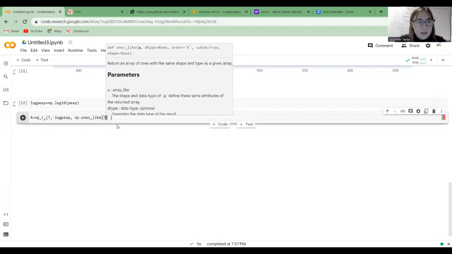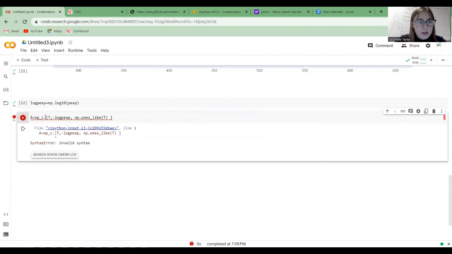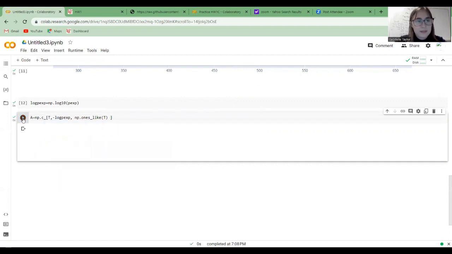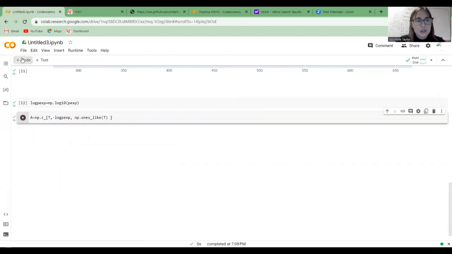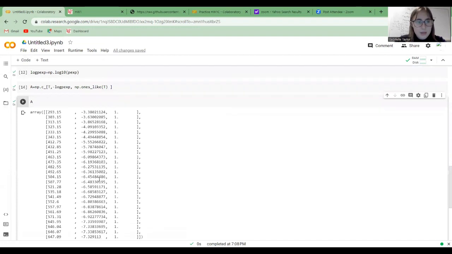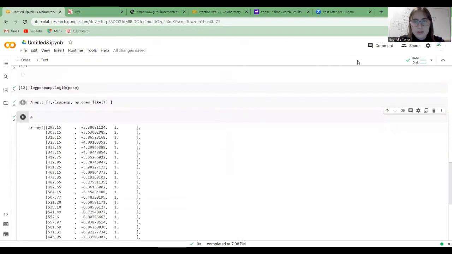So it should be good. I think it's this actually. There you go. Okay, so let's look to see what it looks like first. So it copied down the 1s, it gave us this, and it gave us our temperatures. Pretty good.